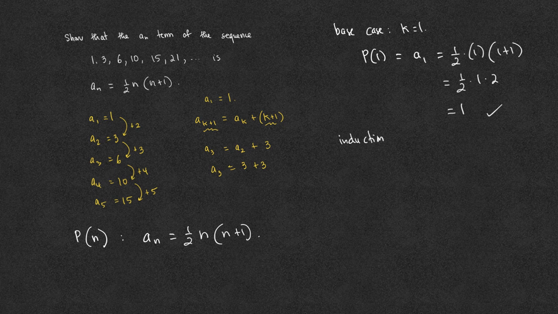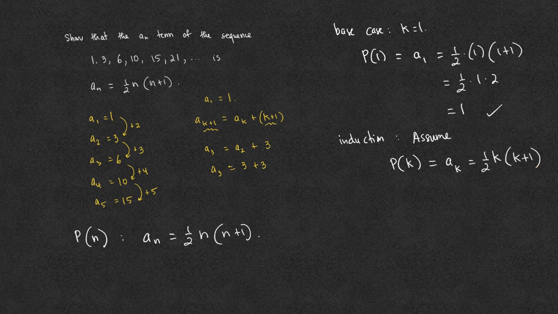With the induction case, we assume that the statement is true for the case n equals k. When n equals k, the k-th term is 1/2 times k times k plus 1. This means to find the k-th term, we simply plug k into this formula, 1/2 k times k plus 1.